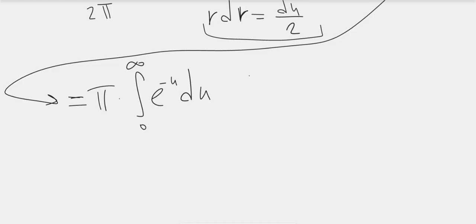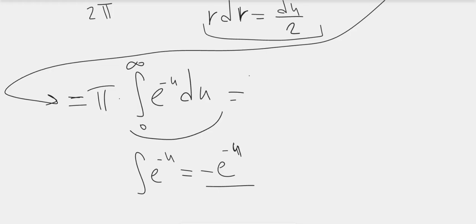Okay, so we know that the indefinite integral of e to the power minus u is equal to minus e to the power minus u. You can verify it directly by differentiating this function.